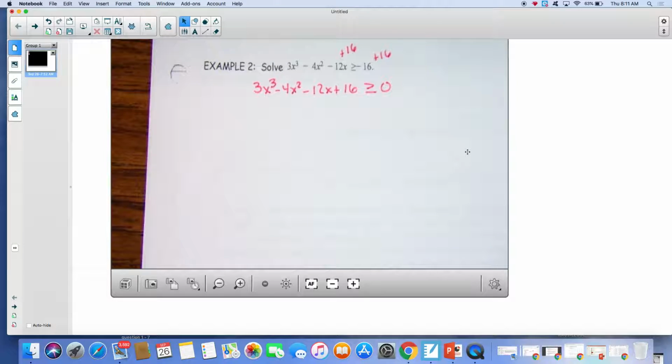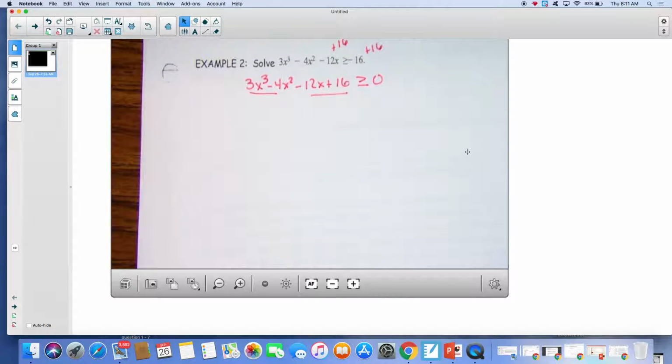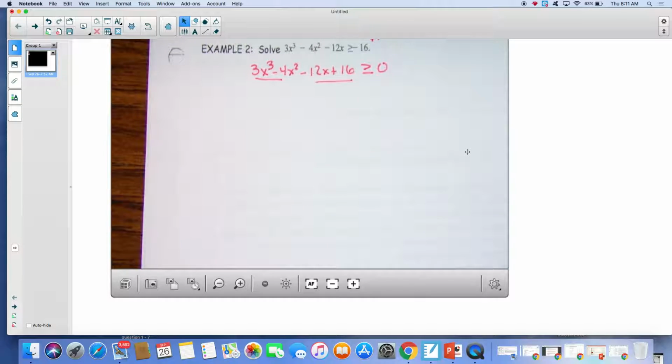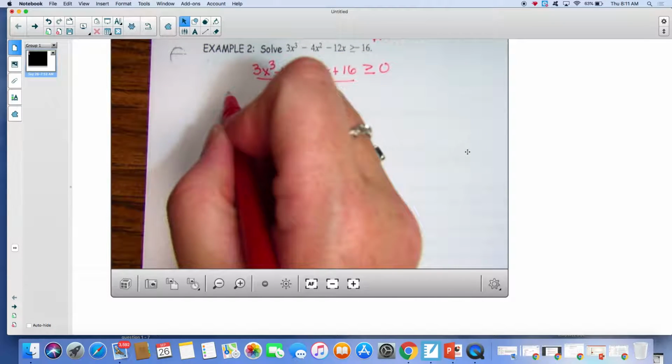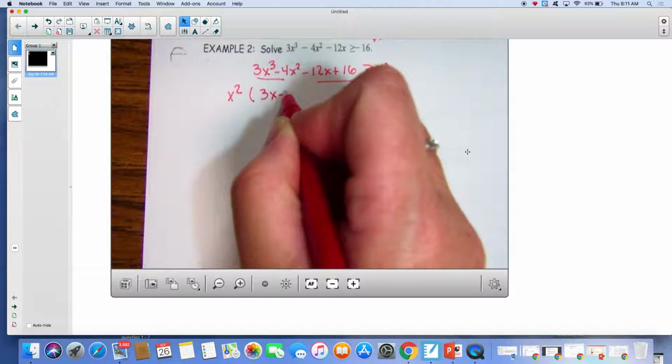How do we factor something that has 4 terms? Grouping. And hope it works. If not, then we're going to have to go back to figuring out what those zeros are. Well, these two have what in common? An x squared. So that gives me 3x minus 4.